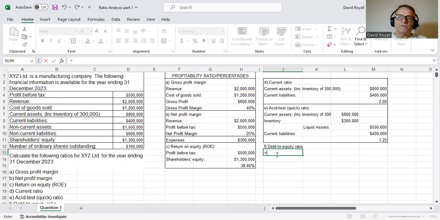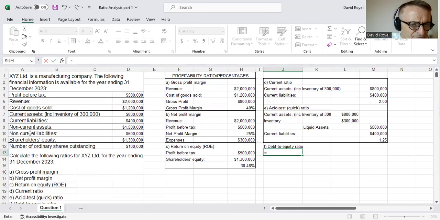Later on, we'll look at the concept of gearing in another lesson, which tells us the proportion of finance that has been lent rather than provided by the owners. Anyway, let's look for the debt.